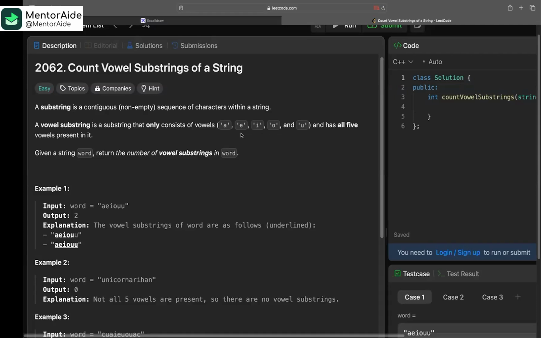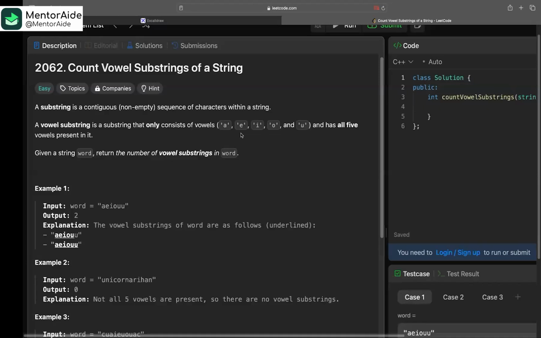We'll try to traverse through the array. Okay, you mean the string? Okay. And searching for these values, A, E, I, O, U. And then on finding, like 0 and 1, if it is found then 1 is iterated, we'll go for the next, and if not found, 0 is there, and then come out of the loop.